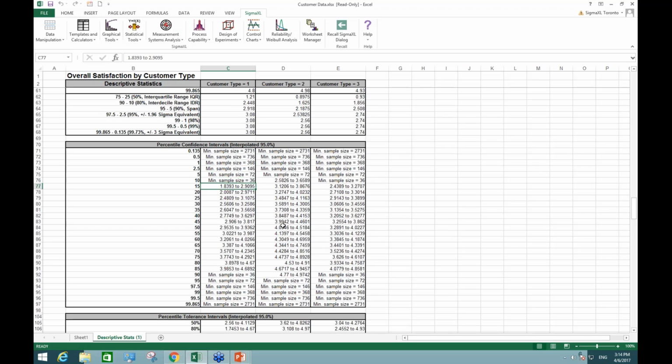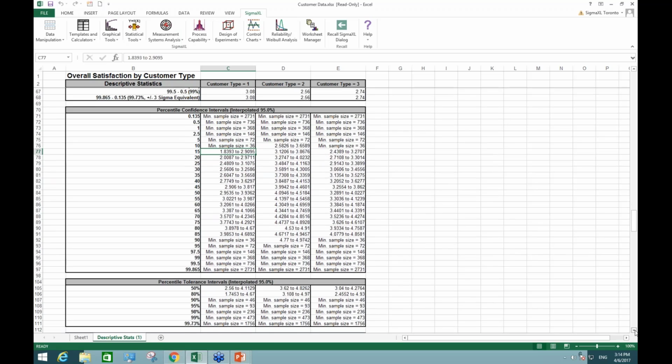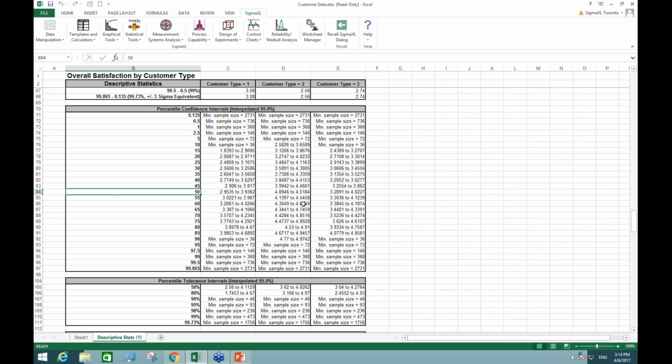But I do have enough for the 15% mark. So these are confidence intervals for percentiles. The most commonly used one is the confidence interval on the median, which is the 50th percentile. But this gives you the full gamut of confidence intervals. And a little trick is that you can actually use the confidence intervals as one-sided tolerance intervals. And I'll show you how to do that in a bit.